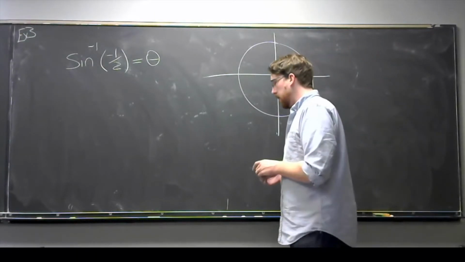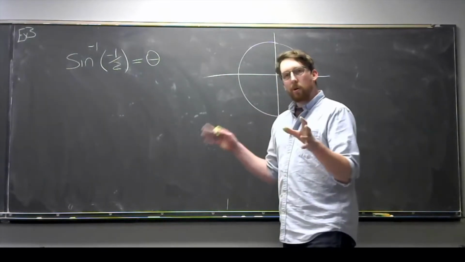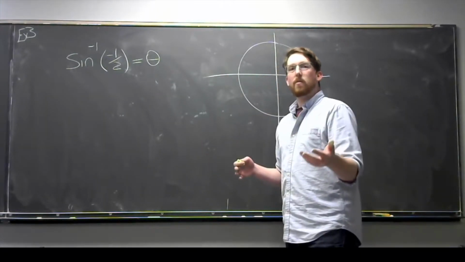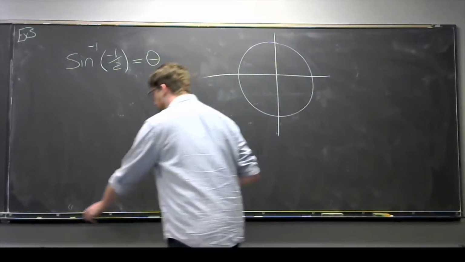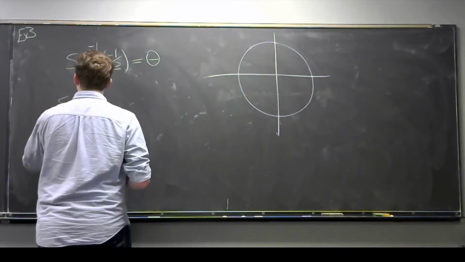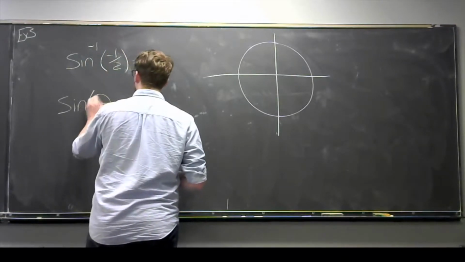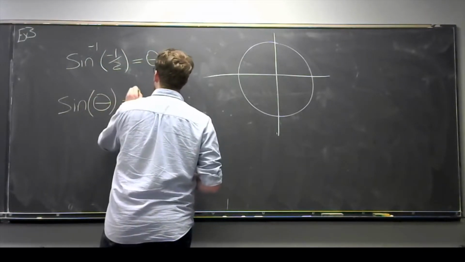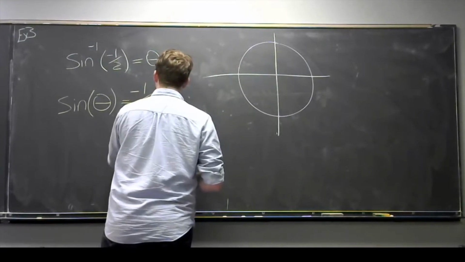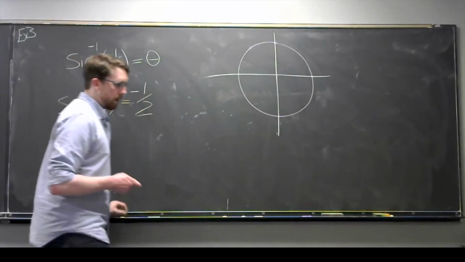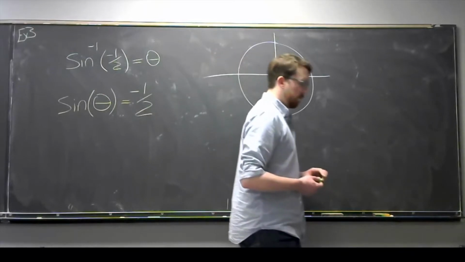Well, whatever the arc sine of negative 1/2 is, we know the sine of that angle is going to be equal to negative 1/2. Okay.